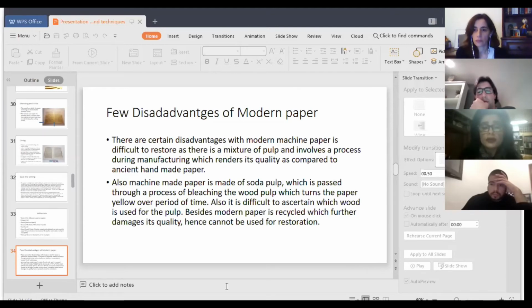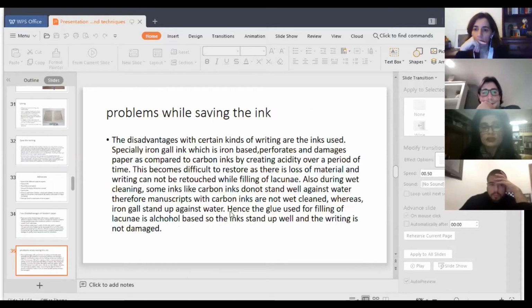Also, there is a process of soda pulp which goes through bleaching. The wood pulp used in machine-made or modern paper has a presence of lignin, which impregnates the fibers and the cellulose, and which is very damaging for paper. So, of course, these are some of the disadvantages of modern paper.